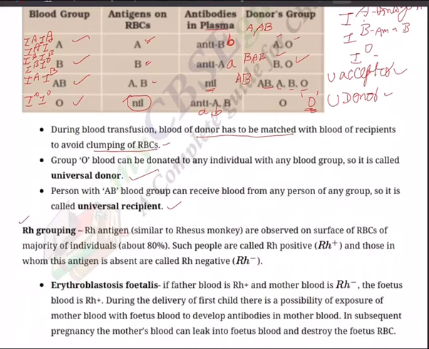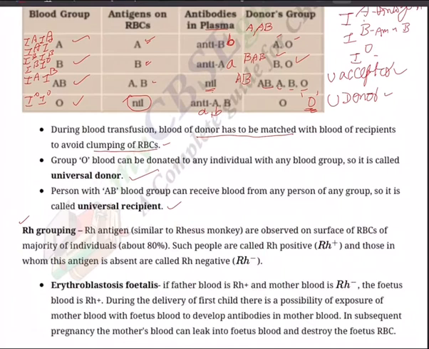And in the blood there is one more protein, that is called Rh. It is the Rhesus antigen. Like we said, antigen A and antigen B, two proteins are there in blood. The second one is the Rhesus antigen.